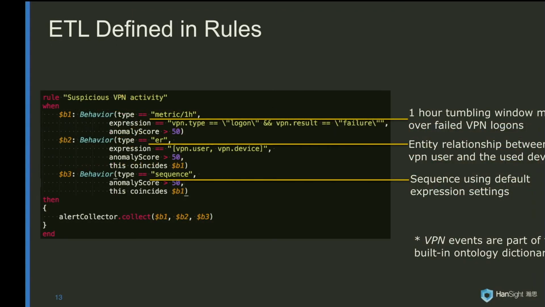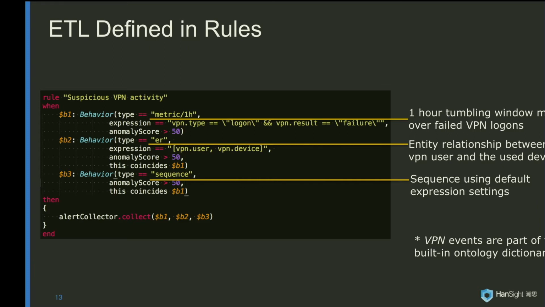So that's the metric, the first element of ETL. And the second condition is an ER. ER is entity relationship. It means the VPN user and the relationship between the VPN user and the device the user used. So we have a condition that anomaly score is larger than 50.